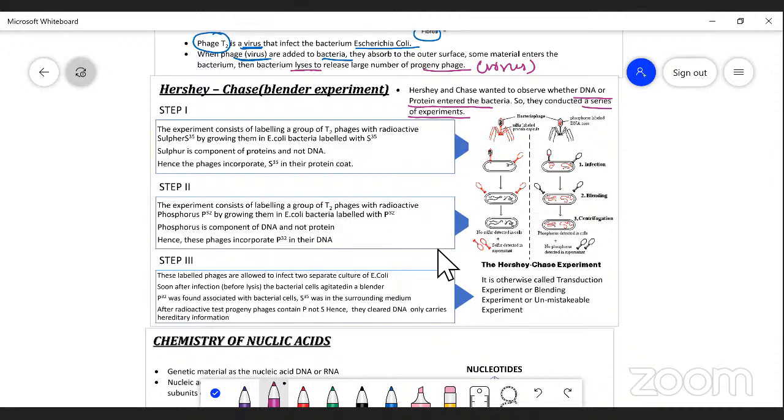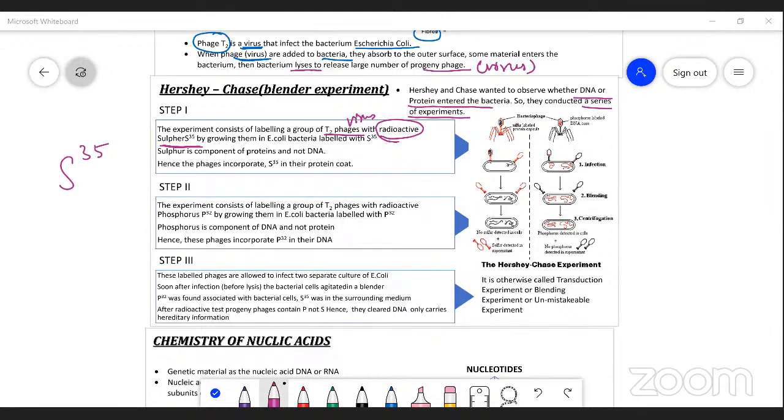The first step is labeling a group of T2 phages with radioactive sulfur 35 by growing them in E. coli bacteria labeled with S35.